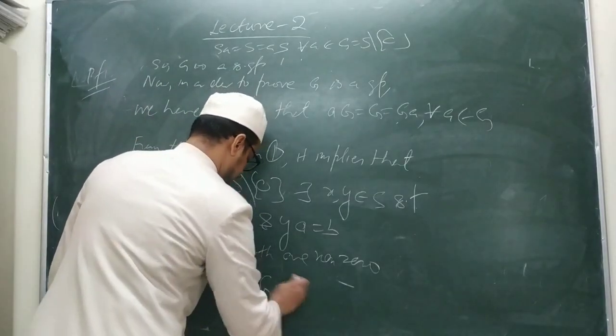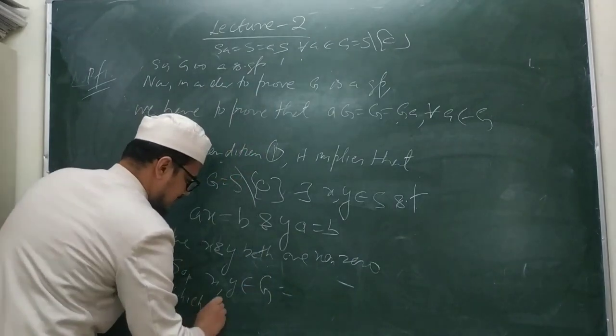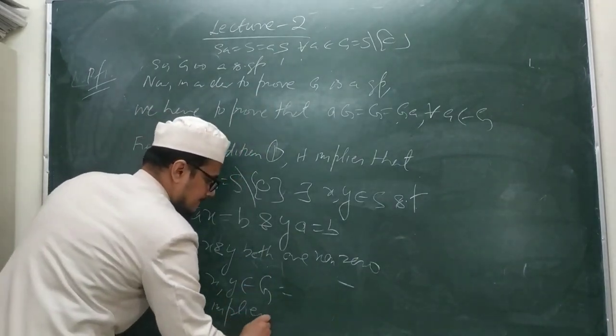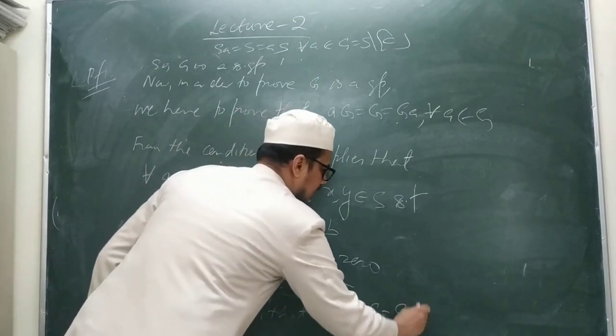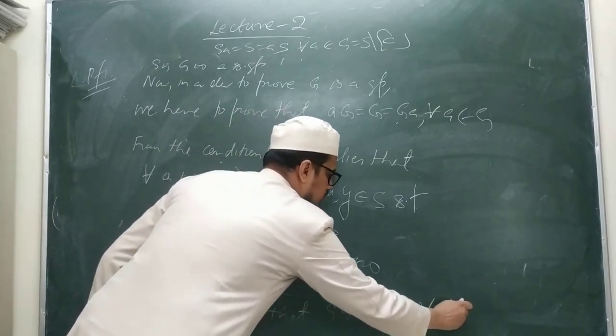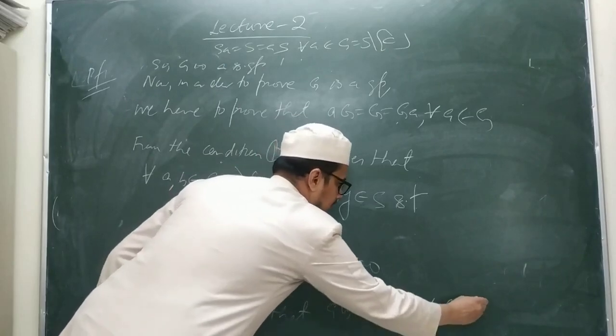Which implies that AG is equal to G is equal to GA for every A belongs to G is equal to S minus 0.